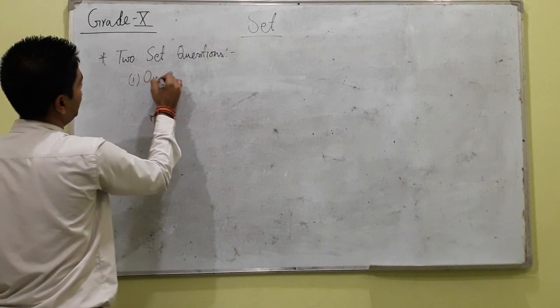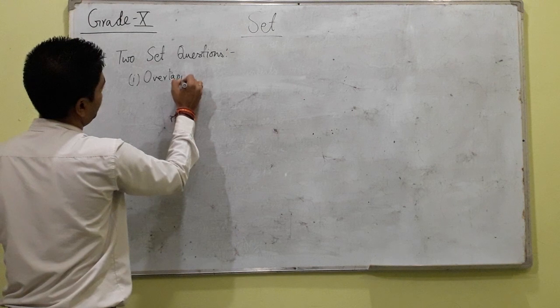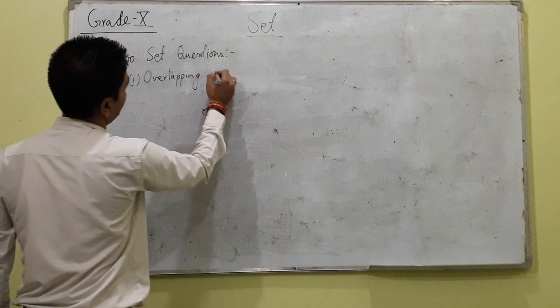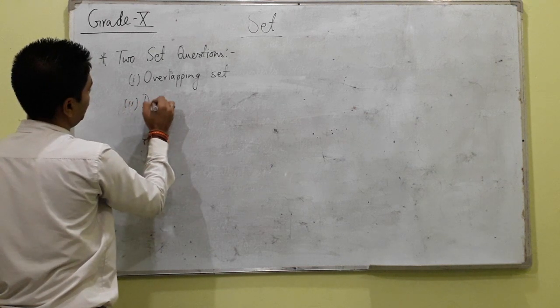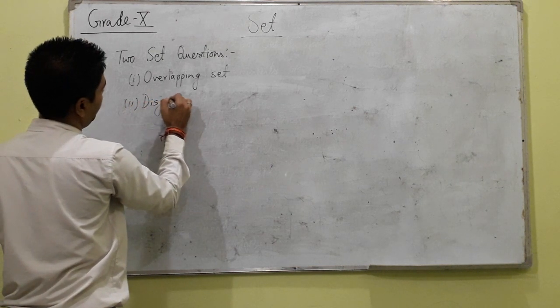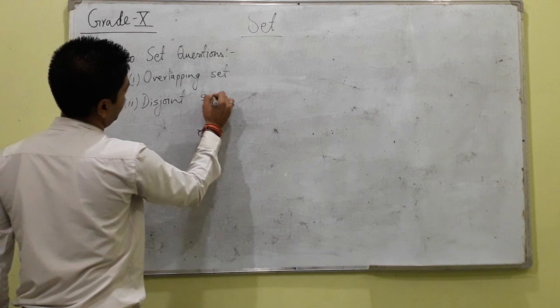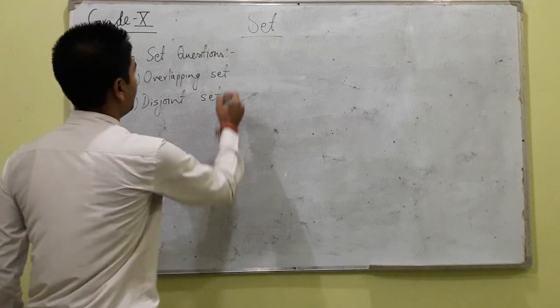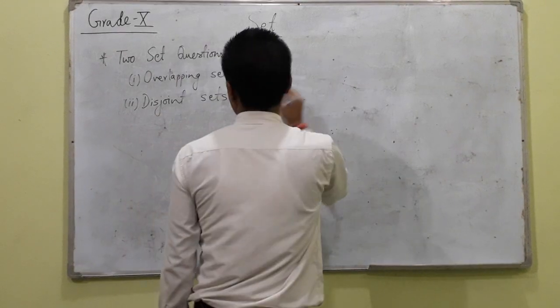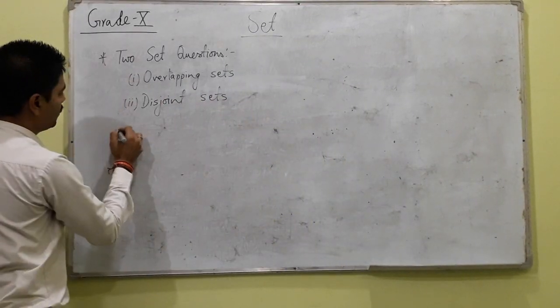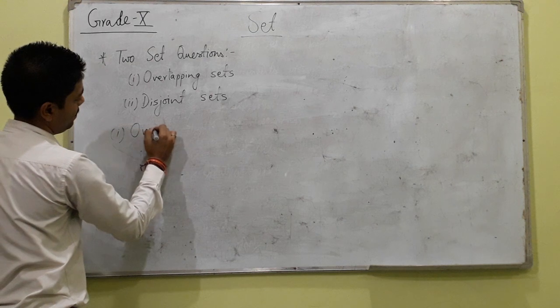One, you have to use the overlapping set formula. Another is the disjoint set formula. Overlapping sets, disjoint sets. So first we will see overlapping sets.